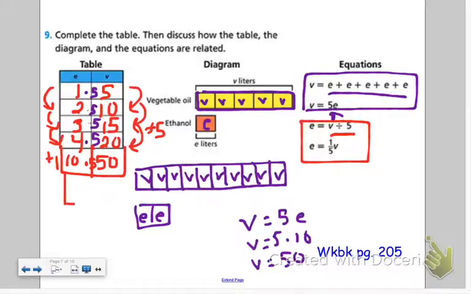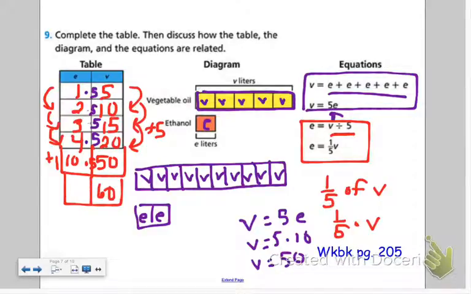Or another way to look at it is to use your fraction, 1/5 times V, because you're saying that the ethanol is basically 1/5 of V. Remember, 1/5 of V means 1/5 times V. So what if I said, okay, I've got 60 liters of vegetable oil?